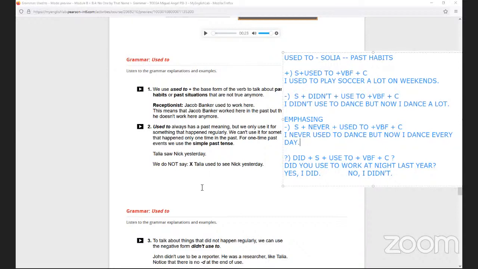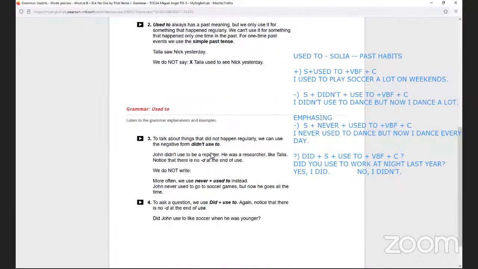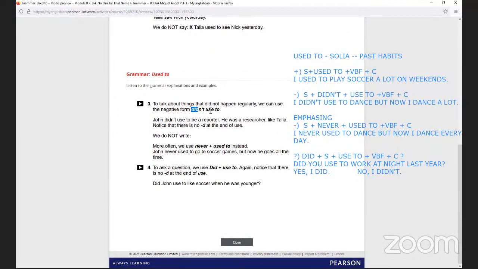Perfect. So now, here we have some examples. In this case, Jacob Banker used to work here. So what does it mean? That Jacob Banker doesn't work here anymore in the present, right? In the past, yes, he used to work, but now he doesn't, okay? And when we use negatives, we could use didn't used to without the D, okay?